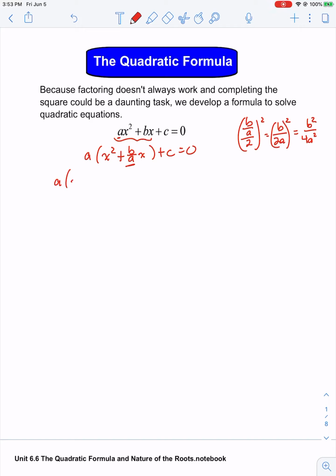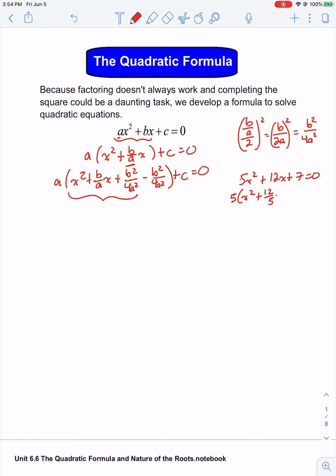So I'm going to take x squared plus b over a x, add b squared over 4a squared, and then subtract b squared over 4a squared, plus c equals 0. Now these first three terms make a binomial squared. Remember, if this said something like 5x squared plus, let's say, 12x plus 7 equals 0, you'd take the 5 out, and that would become 12 over 5 x.